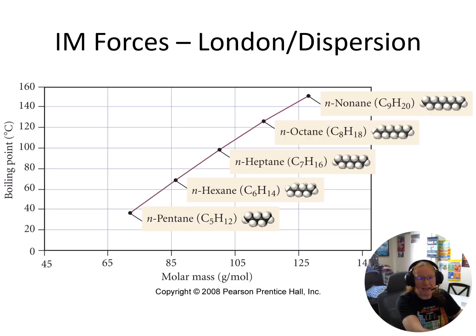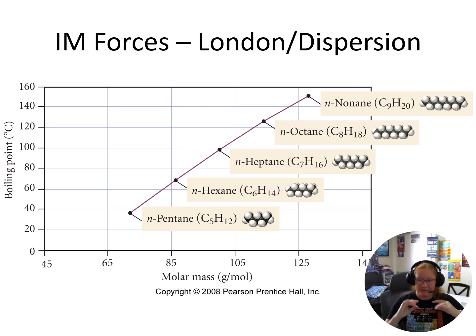If I look at some straight chain molecules, the larger they get, the more the boiling point goes up. This is actually happening because of two things. One, pentane has a smaller molar mass than nonane, 5 carbons versus 9 carbons. But is there a difference in the size there? Absolutely.